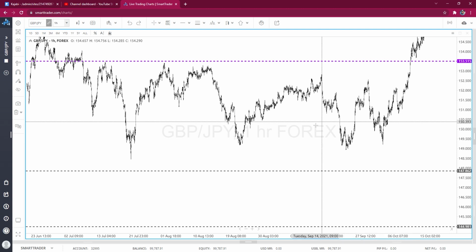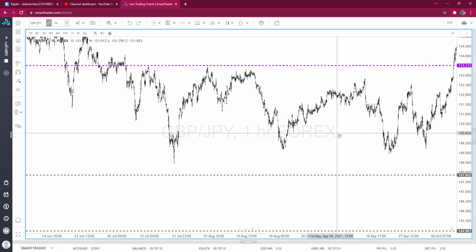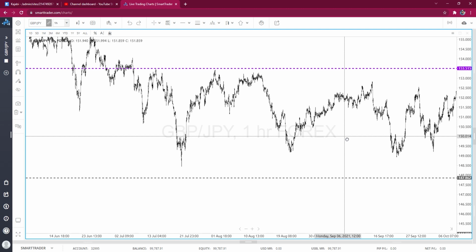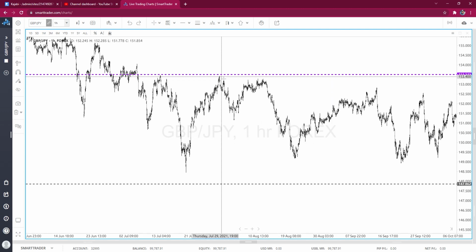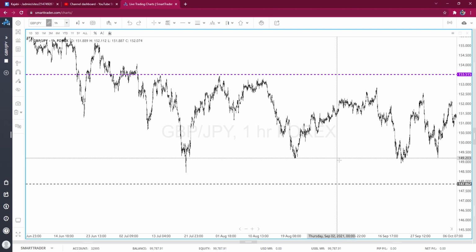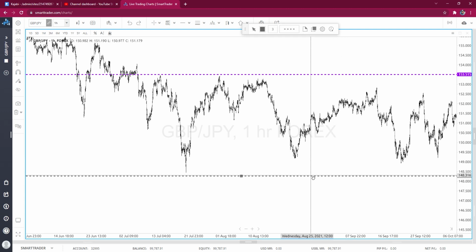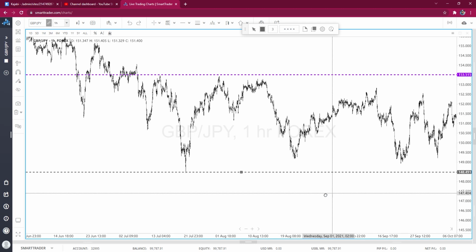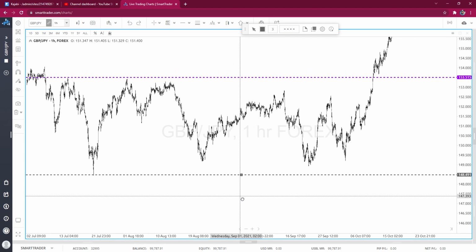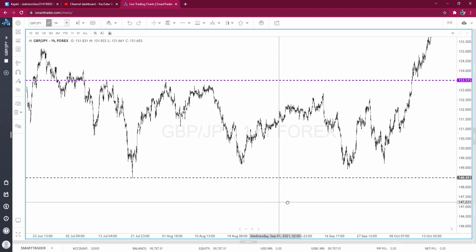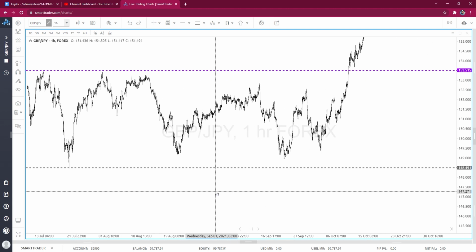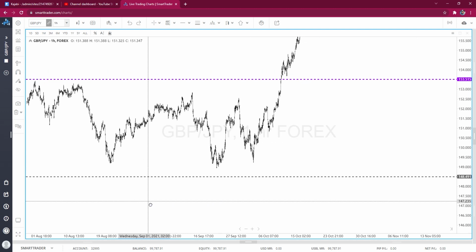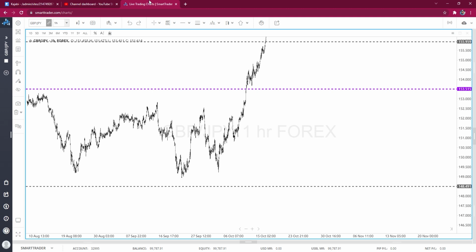This thing, it looked like it was ranging for a while between, what is this, 153 and 149. This should actually be a level, so I should probably move this up based off of most recent price. Okay, so it's been ranging for a while. I'm gonna take my smart fib.